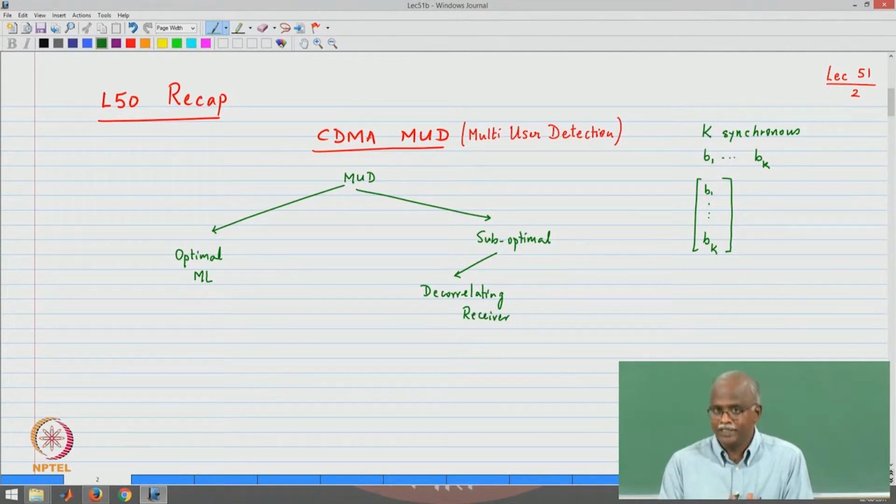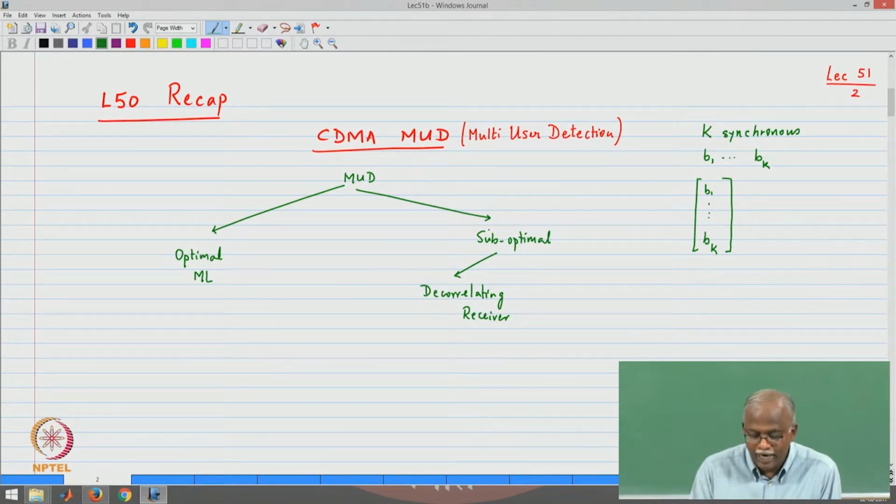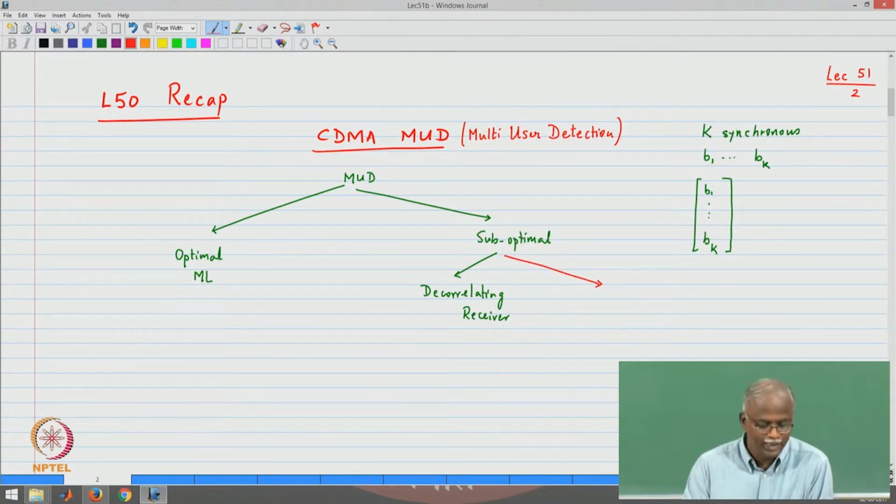It has some limitations which we talked about yesterday, and we will also continue to discuss it today. What we would like to do is present another suboptimal solution, but one that performs even better than a decorrelating receiver without a significant increase in complexity. So, that is a second suboptimal receiver, but one that performs close to the optimal.